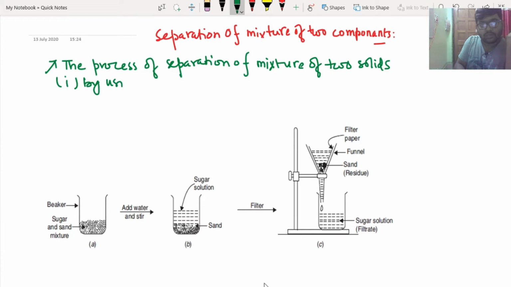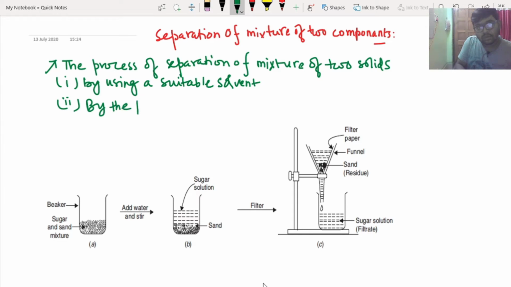Secondly, by the process of sublimation.